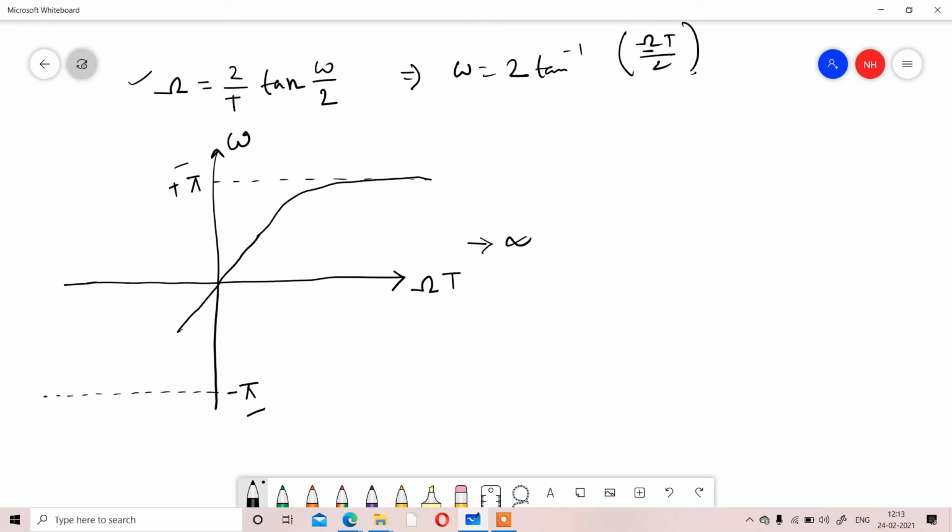On both sides we can see a non-linearity in the digital frequency.